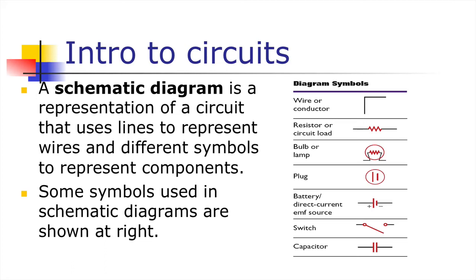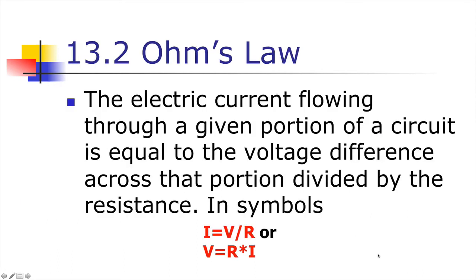At least it's not in the scope of this class. So the main items for our general physics course are: wire, resistor, battery or potential difference source, and sometimes a switch.